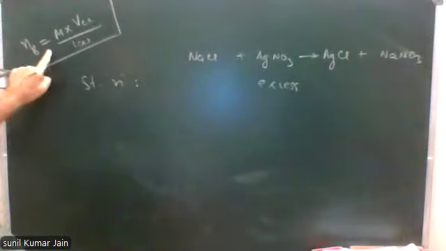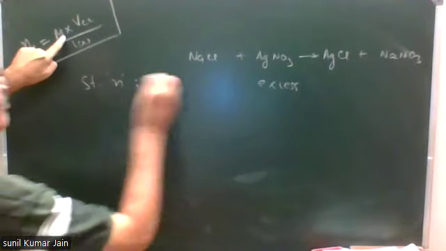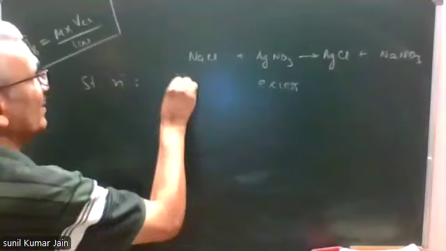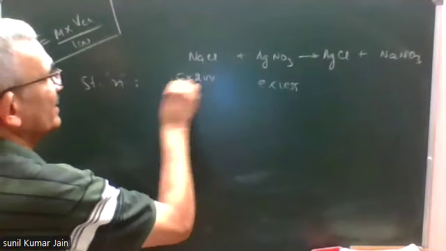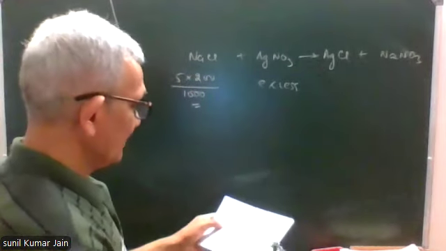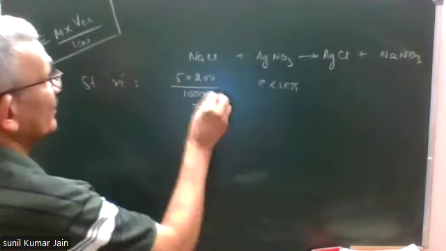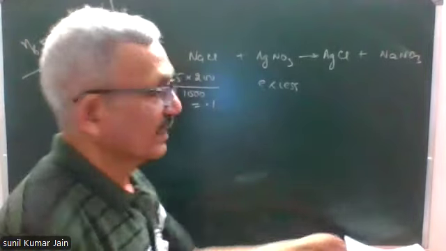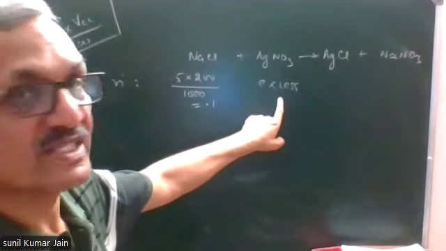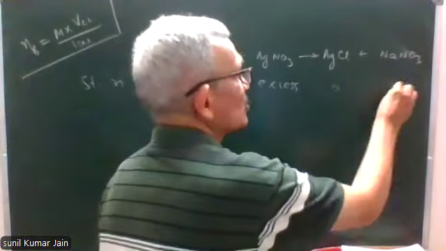I'll use this formula: number of moles will be molarity, 0.5, times volume, 200 divided by 1000. So number of moles will be 0.1. So we are starting with 0.1 mole of NaCl, excess of AgNO3, and actually there is no product in the beginning.